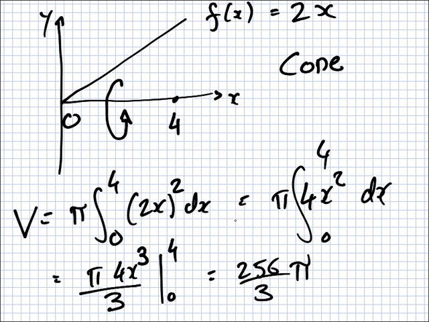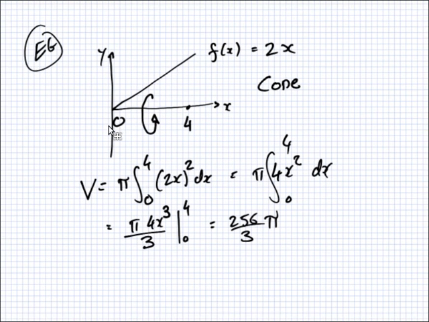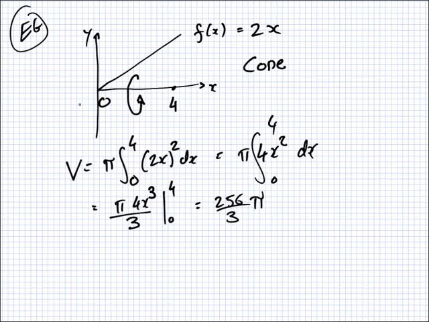Right? You put in 4, you put in 0, and you get this. I hope. I think I'm right. Okay, that's a basic example to get started. We'll do a harder one in a minute. I'll let you write this down. This is our first example.